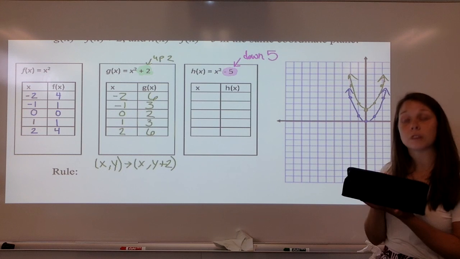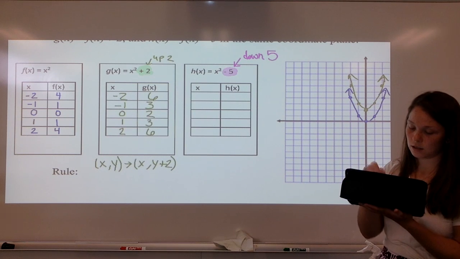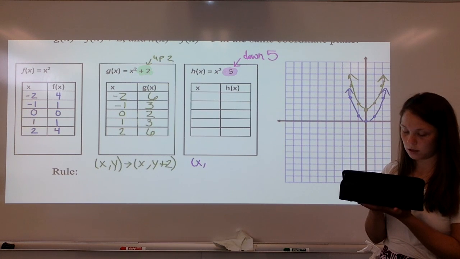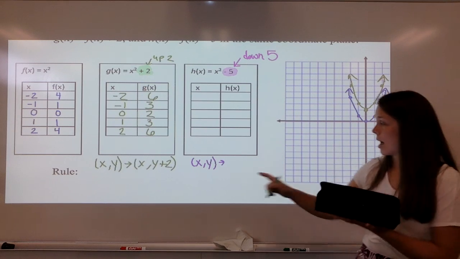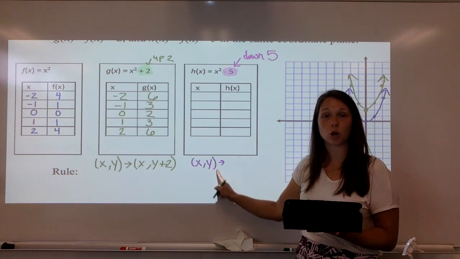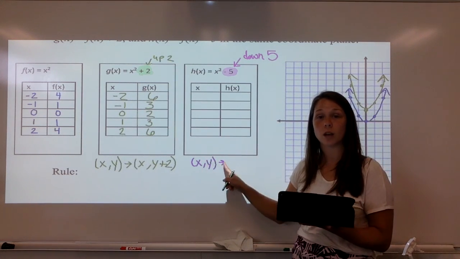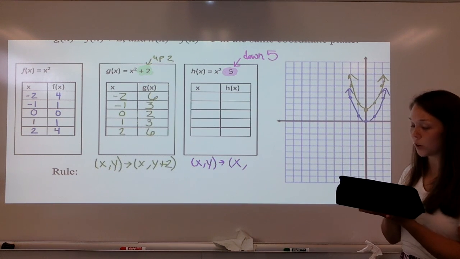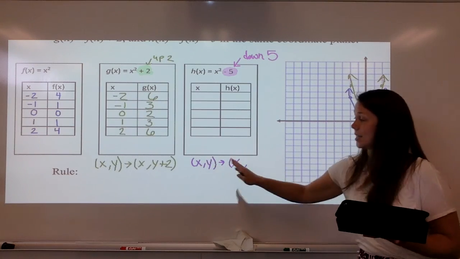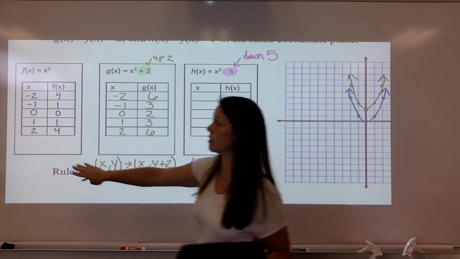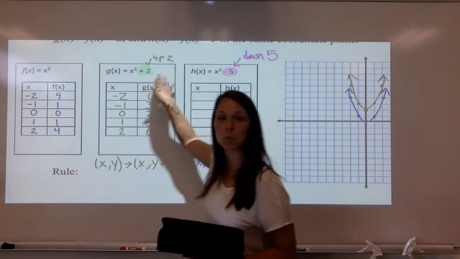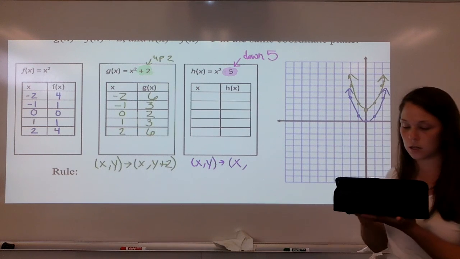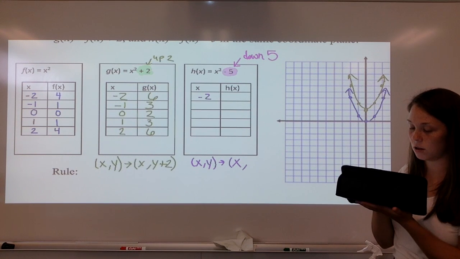Writing a rule for this, x comma y, so this is your parent xy coordinates transforming into, well, this is a vertical transformation, so my x is going to stay x, meaning all of these x values from the original parent table are just going to carry over. So I'll fill that in now.